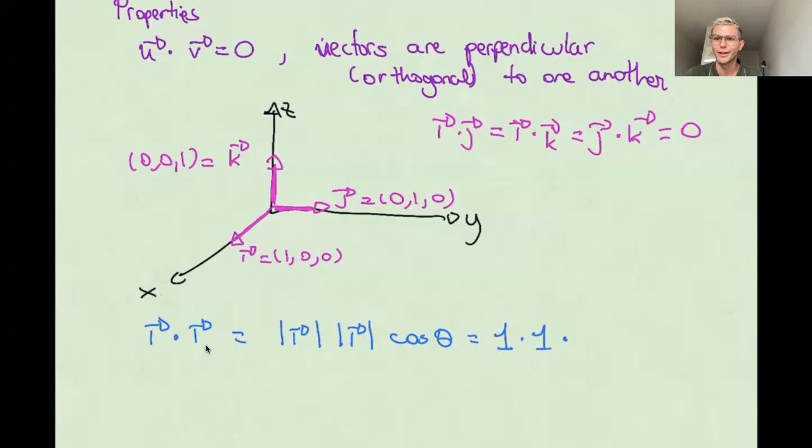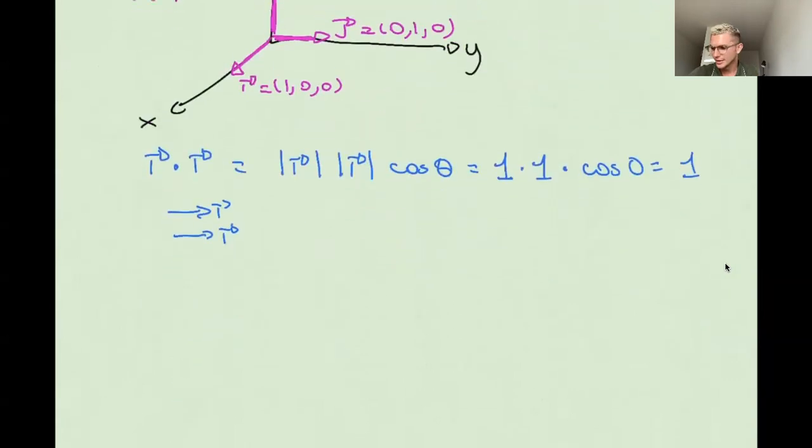But what's the angle of a vector with itself? 0, right. Imagine drawing i here and making a clone. What's the angle between them? It's cosine of 0, which is also 1. And so you get 1 times 1 times 1, which is 1. The same happens with j dot j, and the same happens with k dot k.